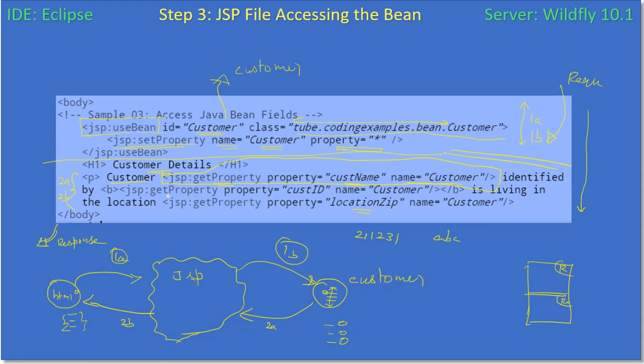You can even use JSP setProperty name customer, bean name, property customer ID. Then you have to specify one more field called value. Then you can substitute the value also. So if you want to selectively push some value to a bean, you can do that also.